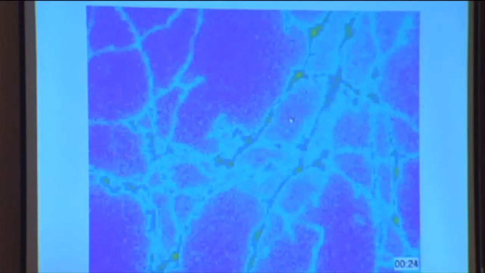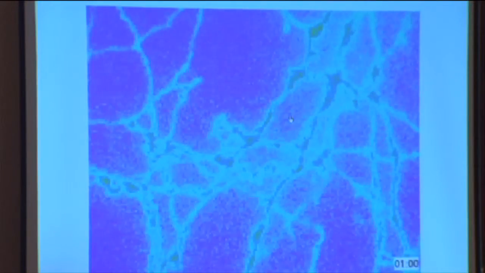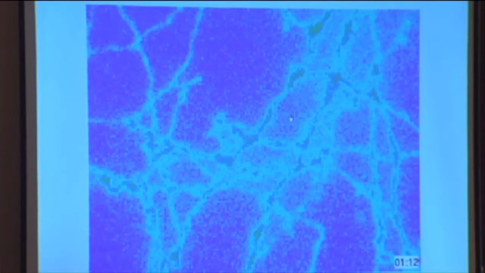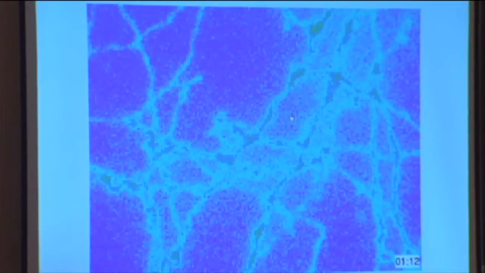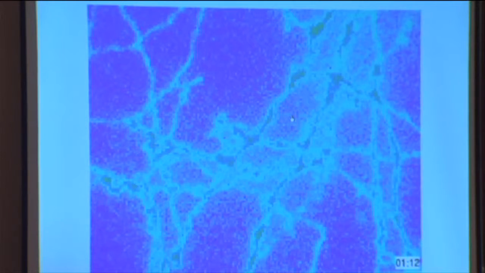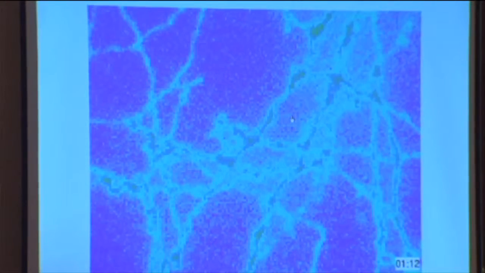And what you see here is that the synuclein gradually disappears from these synapses. So what this says is that a lot of activity causes the synuclein to move away from its normal location, and very slowly it moves back. What does this mean? We don't really know exactly yet, but it says that activity influences the behavior of this protein which causes Parkinson's disease.